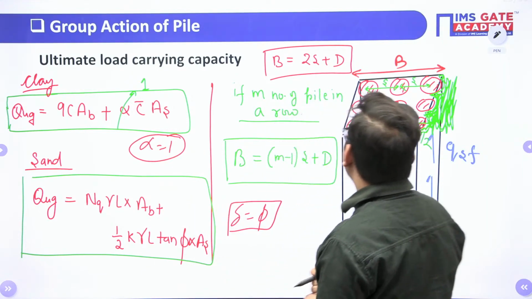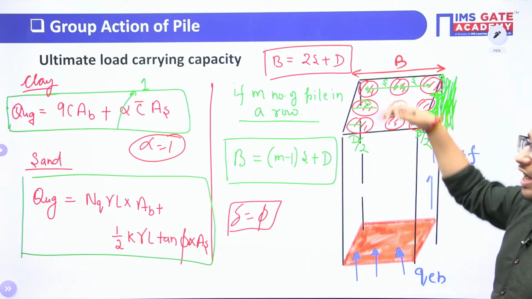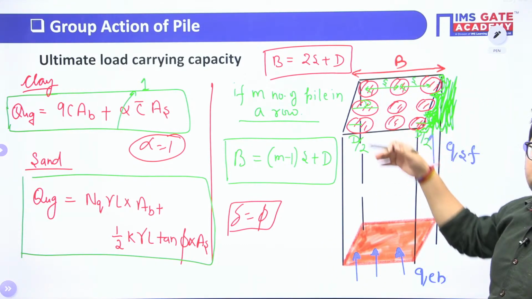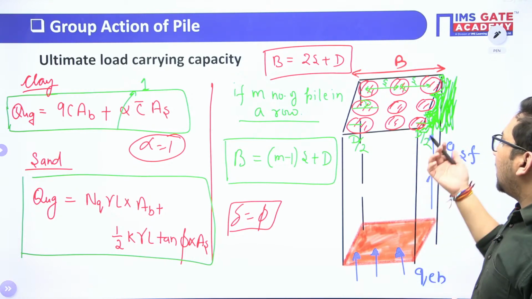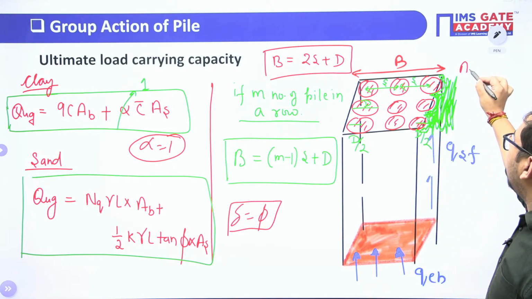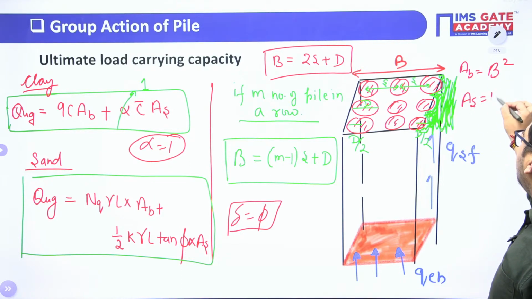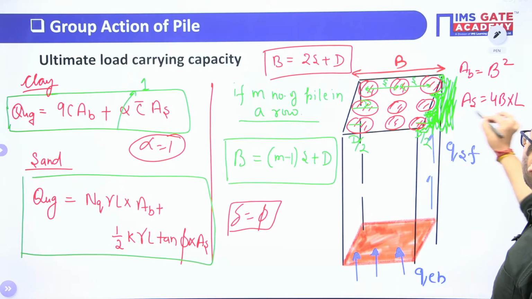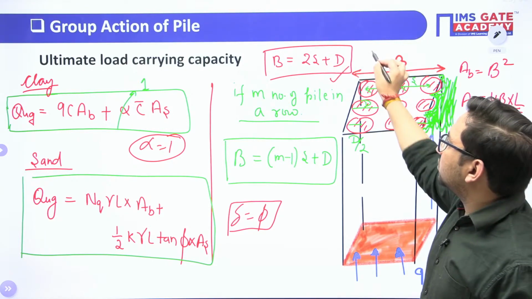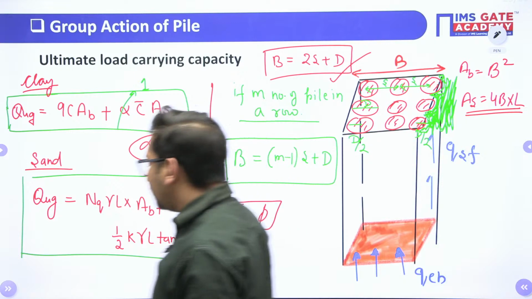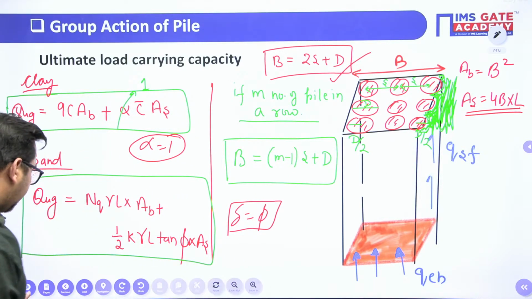Other than that, you can just assume it as a square pile or a pile having a square base. Clear? How to calculate the area now? We know that area at base will be B square, and area at sides will be 4B into L. Clear? How to calculate B? That we have also seen. That is also now known to us. Clear this thing?